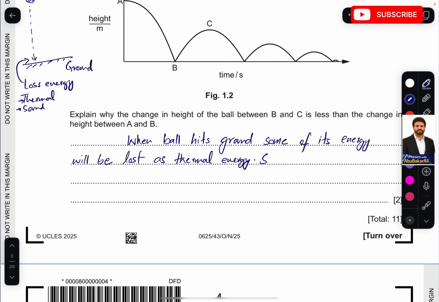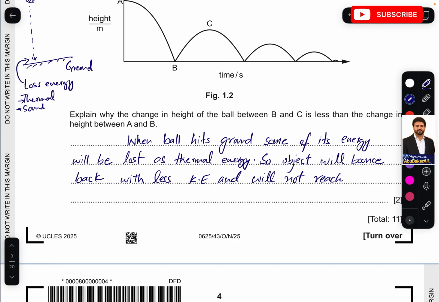So the object will bounce back with less energy, less kinetic energy, and will not reach the same height.